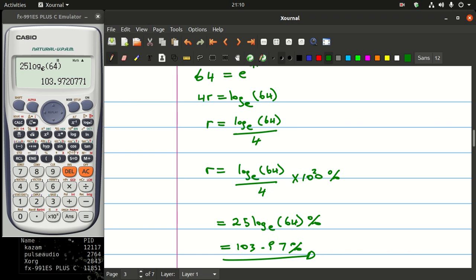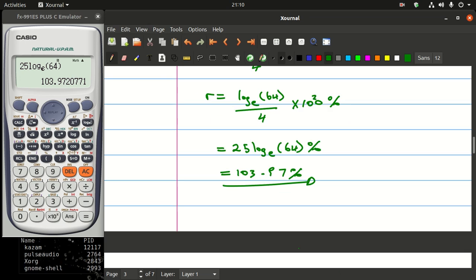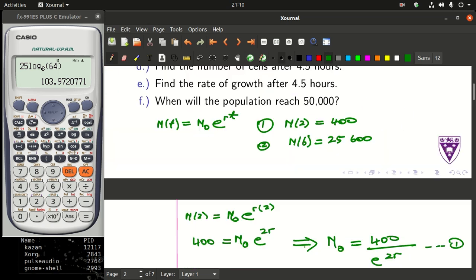So with the r, it's possible to have a value that is bigger than 100 in percentage form, compared to I, but I is always less than 100 because it's just the change. But this one is the rate of increase, so this can actually be bigger than 100.